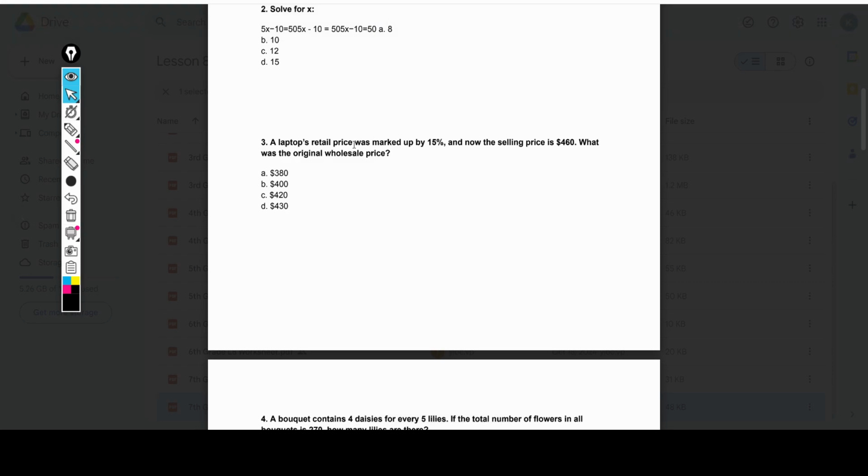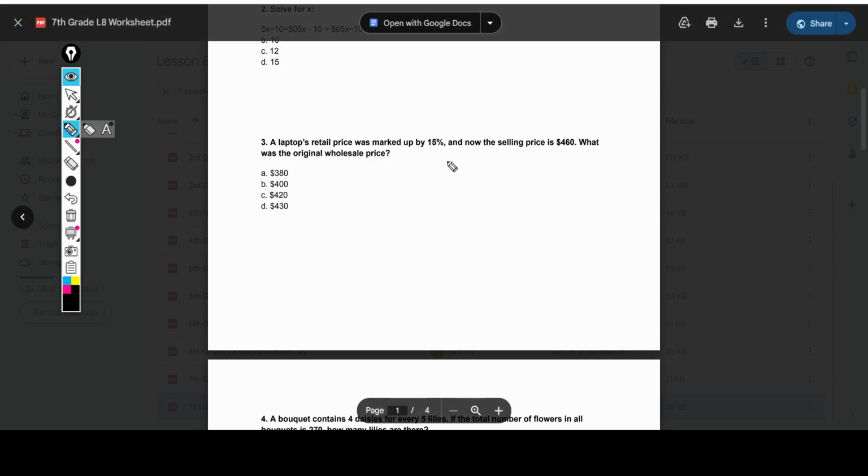And then a laptop's retail price was marked up by 15%, and now the selling price is $460. What was the original wholesale price? In this case, we have an original price we don't know. I'm just going to call it P. And then P is equal to, the marked up price is plus 15%.